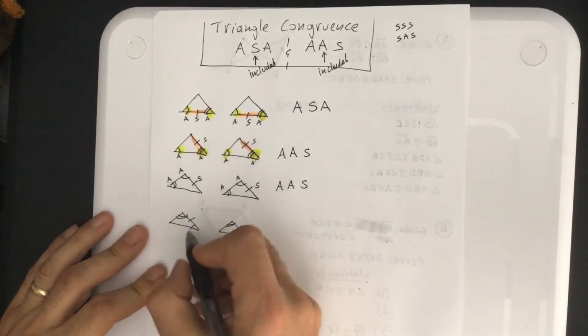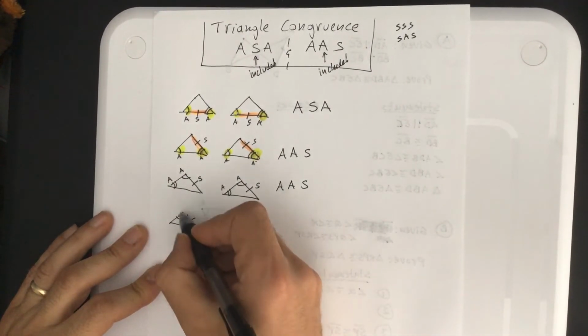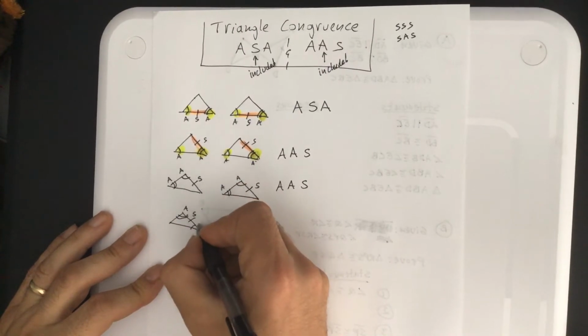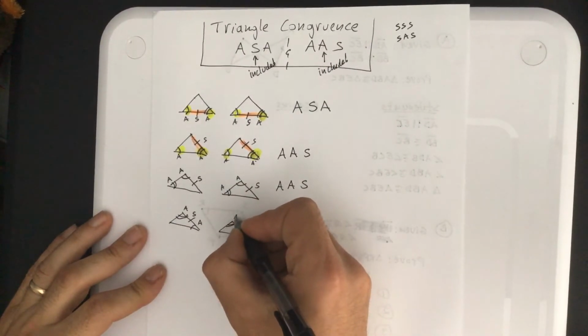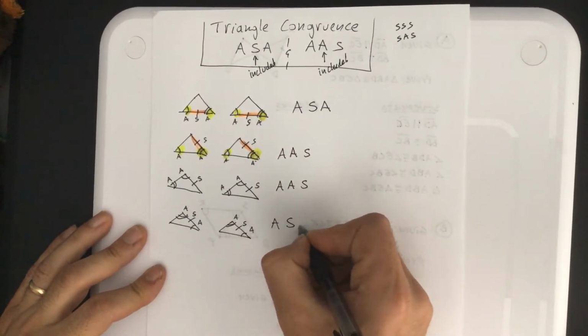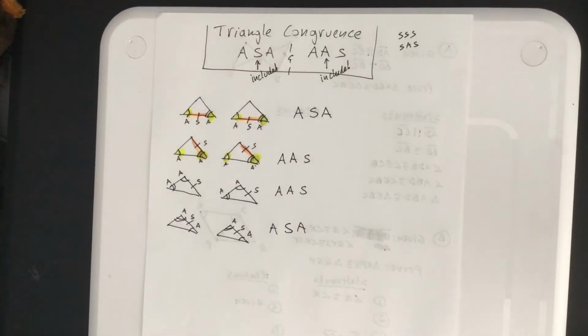I mean, this one over here, right? These are one after the other, right? Angle, side, angle. So two triangles can be congruent to each other by using the postulate angle, side, angle, and angle, angle, side. And you gotta be careful to differentiate between both of them.